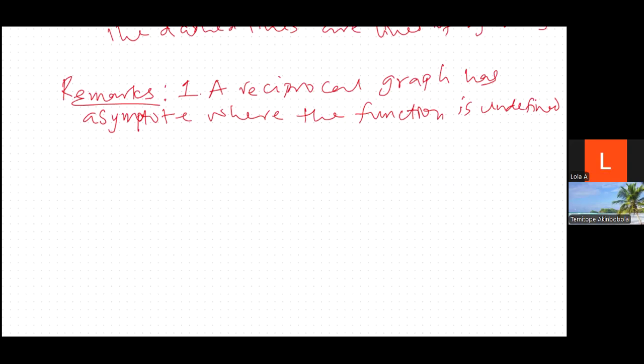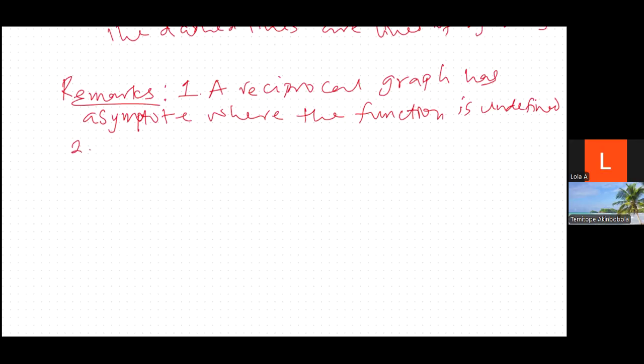Now, you need this statement to solve problems. Am I communicating? A reciprocal graph has asymptote where the function is undefined. We'll use that to solve problems. I'm going to give you an illustration very soon.